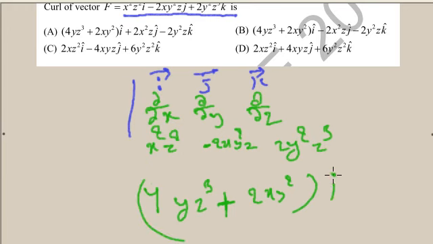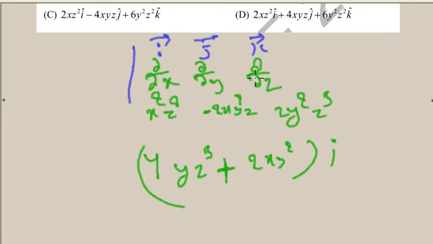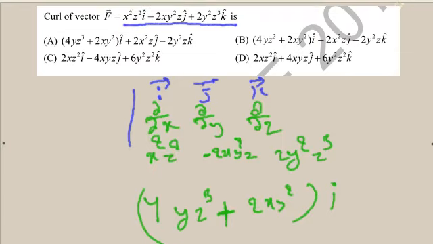This is for i: 4yz cube plus 2xy square. For j, you differentiate this with respect to z, so you will get 2x square z, and minus, if you differentiate this with respect to x, you will get 0, so 2x square z.